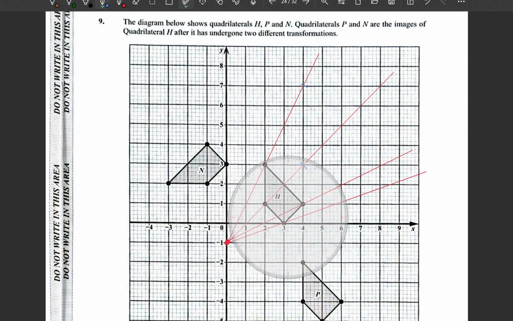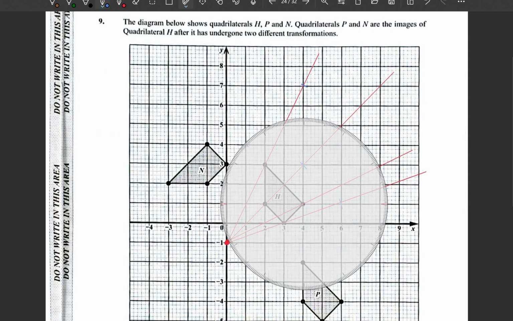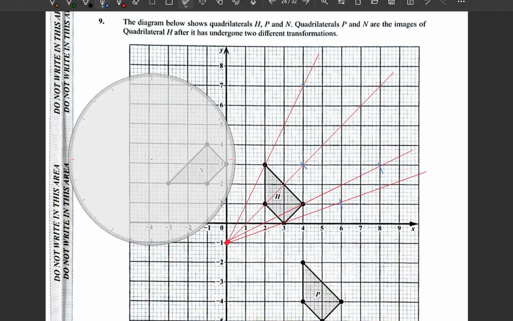It has to be the same distance away. And lastly, let's check this point right here. Good. And the reason it's going to be the same distance away is because it's an enlargement factor of 2, meaning we're going to have twice this original length.